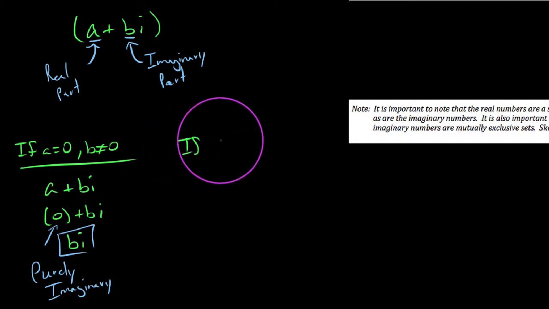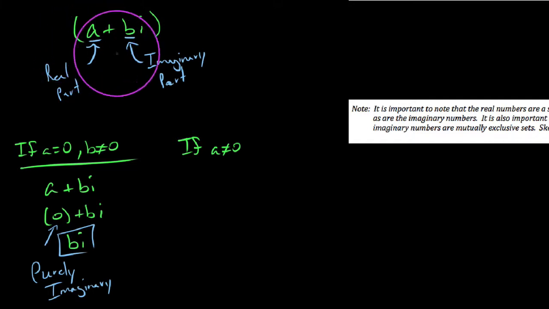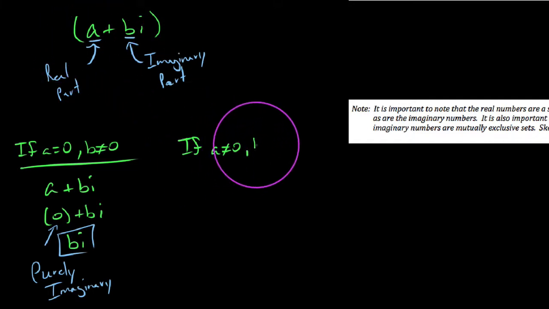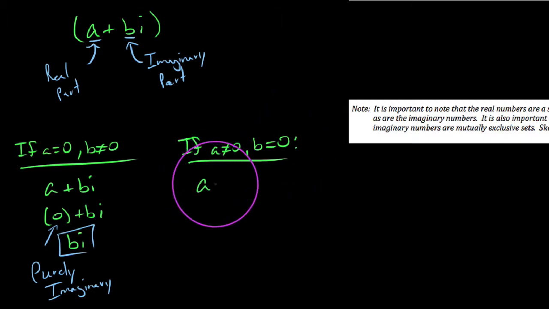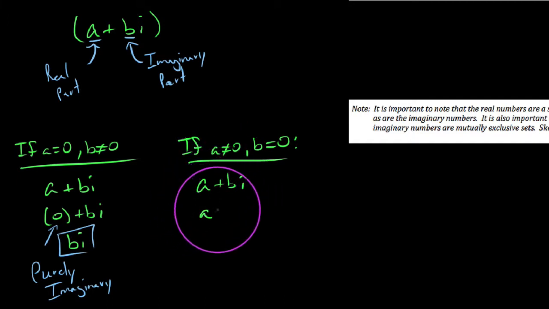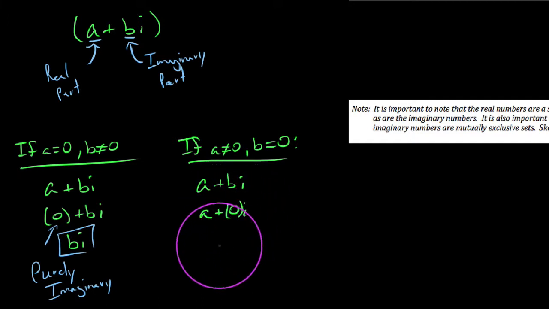Whereas if we were to say, well, in this instance, what if a is not equal to 0? The a part of our number, the real part, is not 0, but the imaginary part is actually 0. Then we look at a complex number in standard form, a plus bi form, where the real part's first and the imaginary second. We'd say, well, then a exists, but we're saying plus 0 i's, which in essence causes your i to drop out.